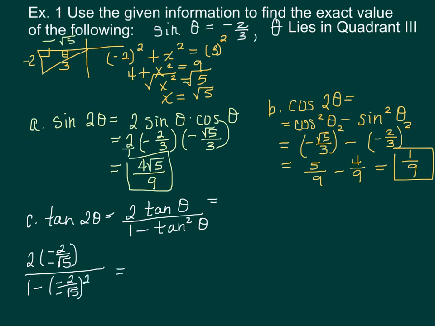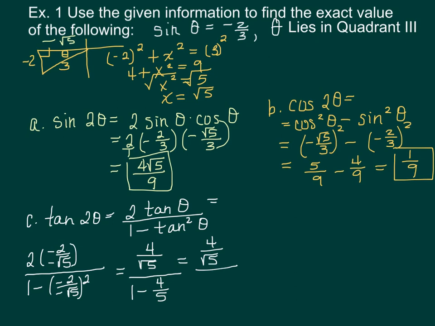And now I'm just going to simplify. So in the numerator, I'm going to have 4 over the square root of 5 divided by 1 minus 4 over 5. And I'm just going to simplify again.